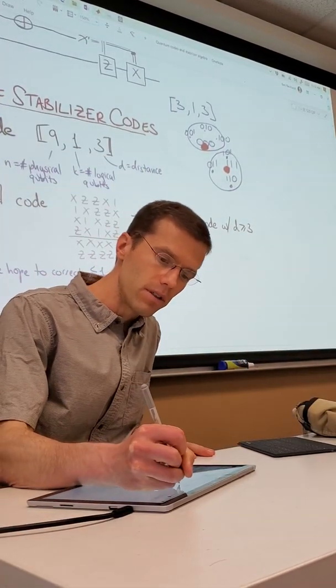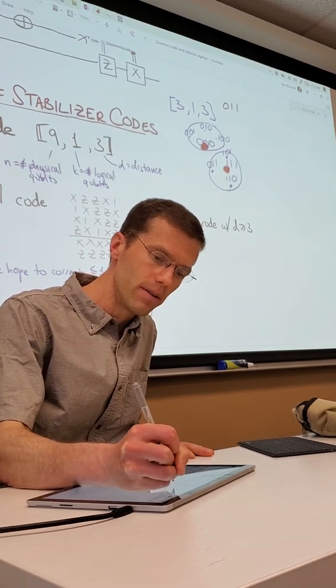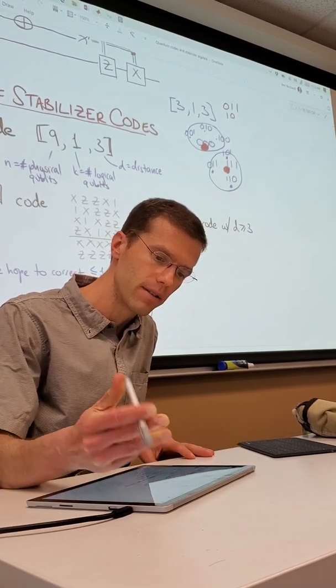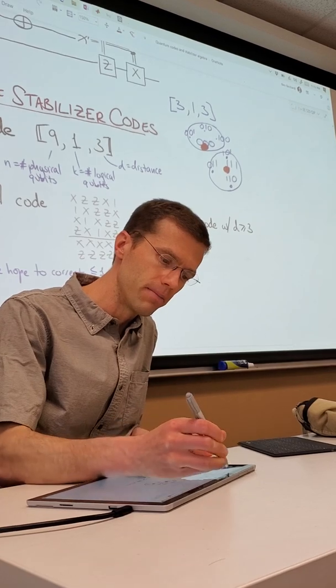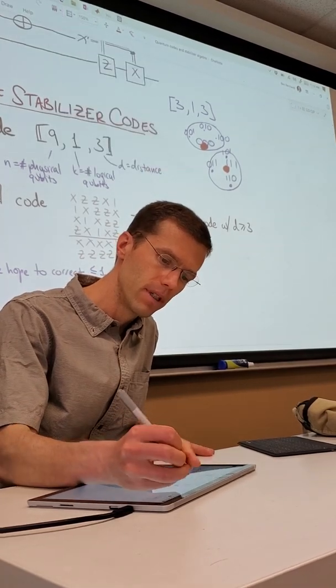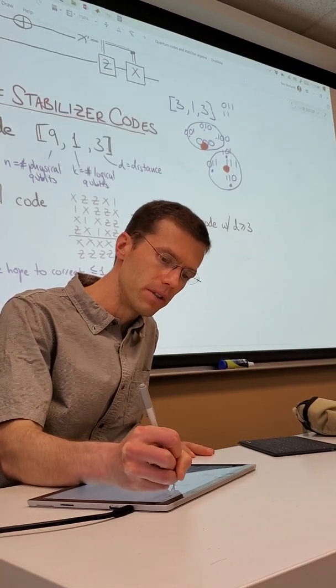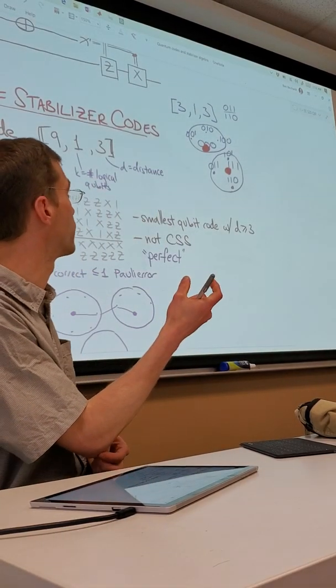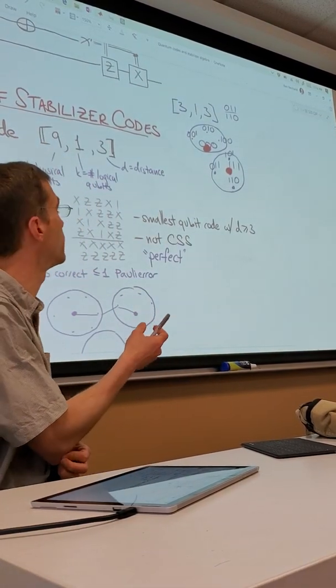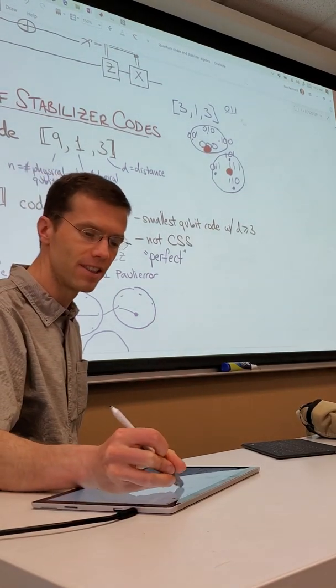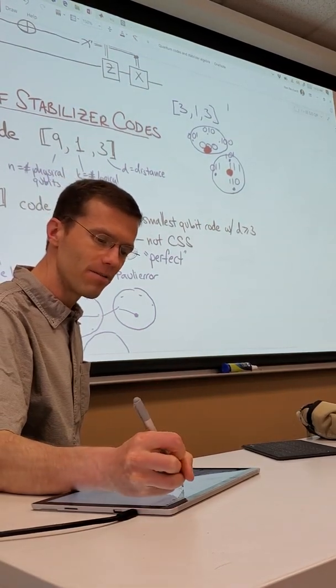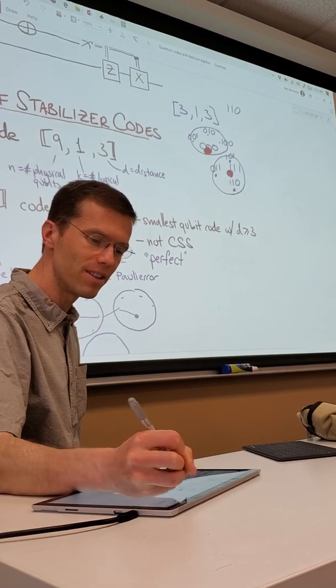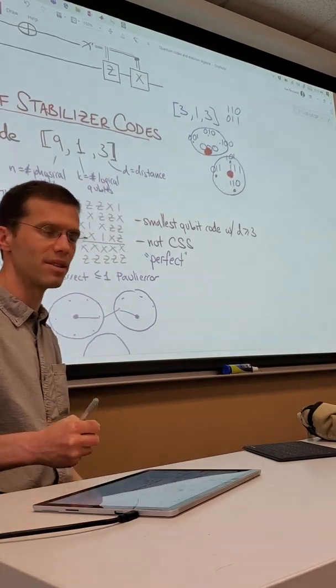Well, the repetition code, this 3-1-3 code, the parity checks are just like 0, 1, 1 and 1, 1, 0, right? The first parity check measures the parity of bits 1 and 2, and the second parity check measures the parity of bits 2 and 3.